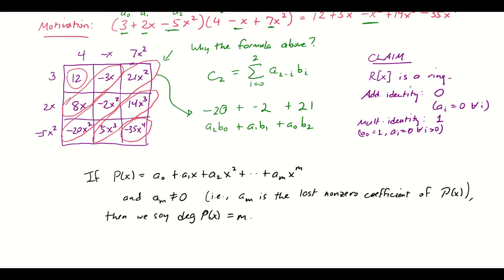That is a definition there. So we define the degree of p of x to be the index of the last non-zero coefficient. In other words, if we say p of x has degree m, we're saying it has an x to the m term, but no greater power of x in there. And that's going to be really useful to us when we start proving things like the fact that if R is an integral domain, then R bracket x is an integral domain. More on that later.